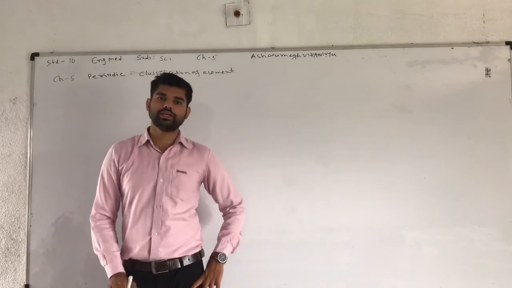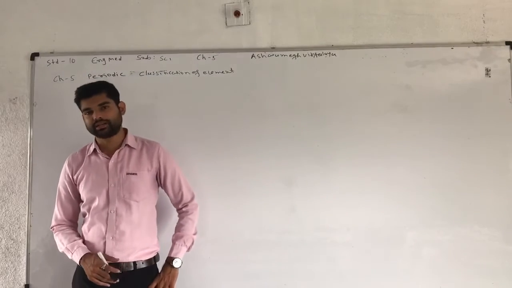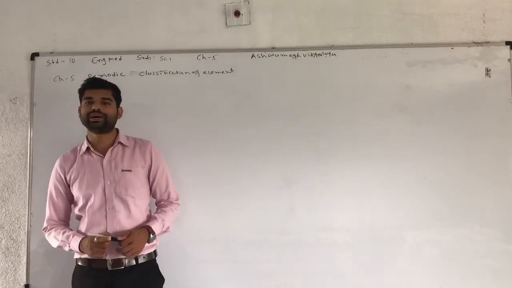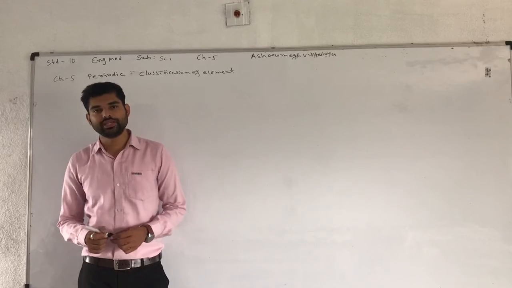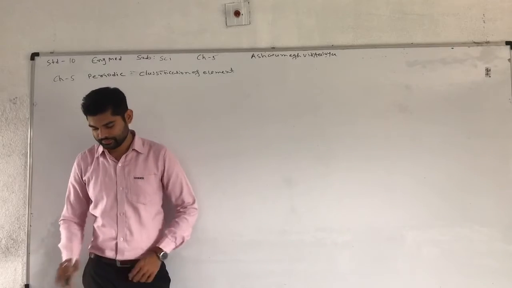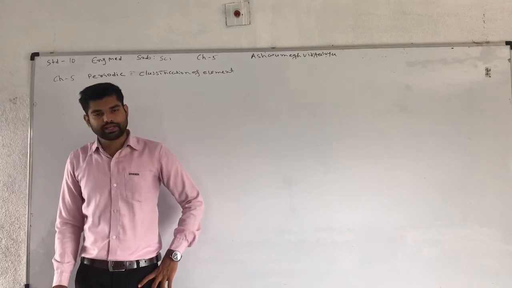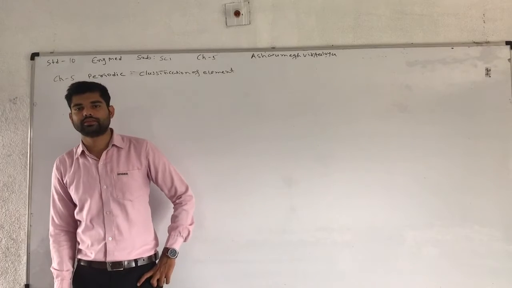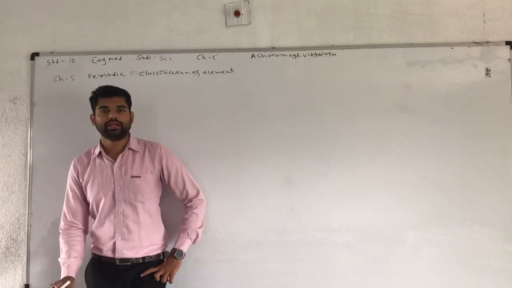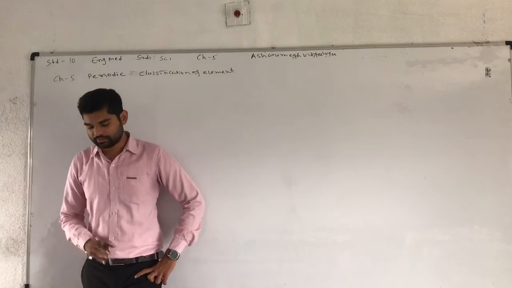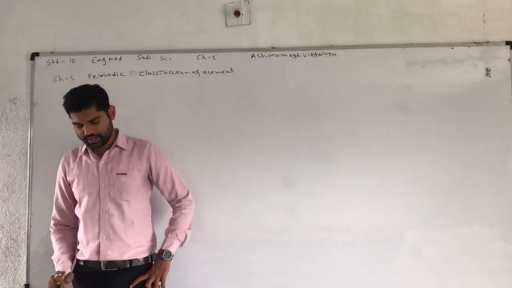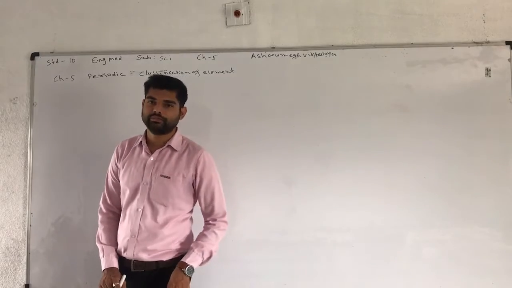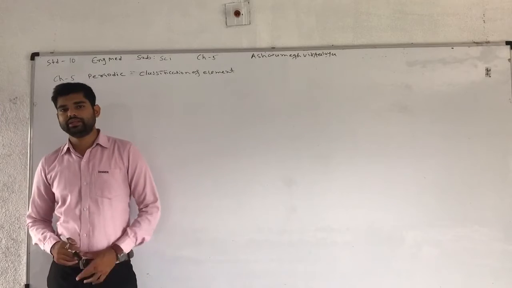Now friends, you studied in standard 9th that matter is a substance that contains fixed mass and volume. In chapter number 2 of 9th science, you also studied that matter contains elements, compounds and mixtures. But an element means only one type of atom is present in it. For example, sodium is an example of an element.